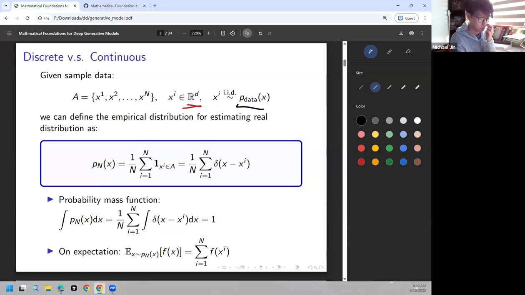This is the real data distribution, and this is the limited set of samples we can get from it.